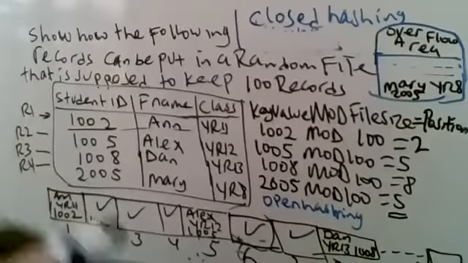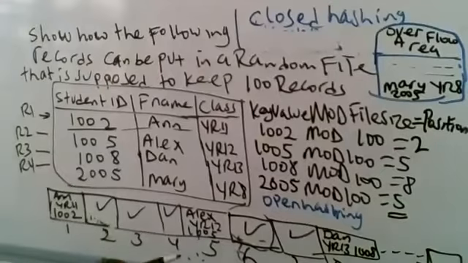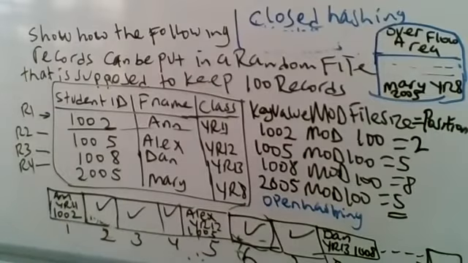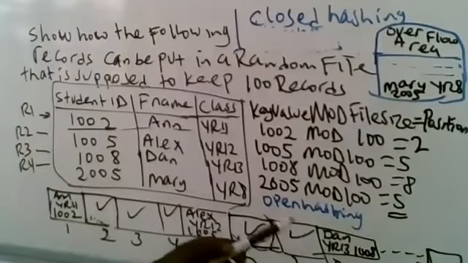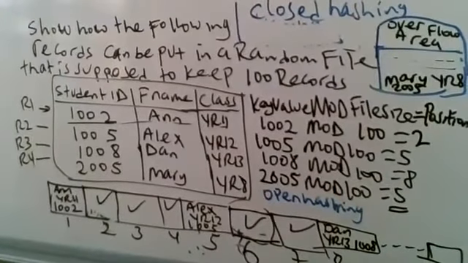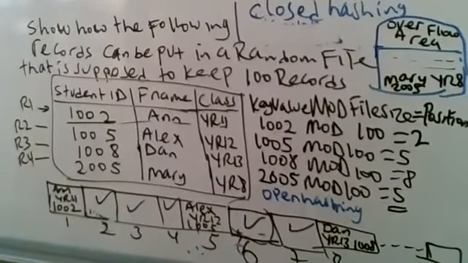Then this other one is called open hashing, whereby it has to search for any empty position in the file, beginning from the position coming after where the record was supposed to be, and continue searching. If it finds an empty position, it puts the record there. That's called open hashing. So that's how random files work.